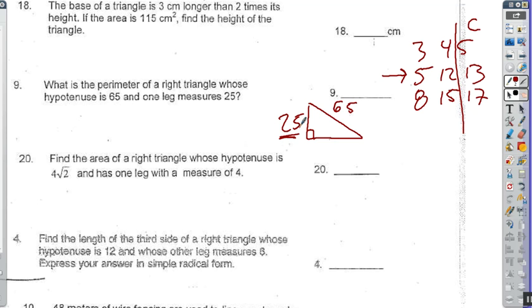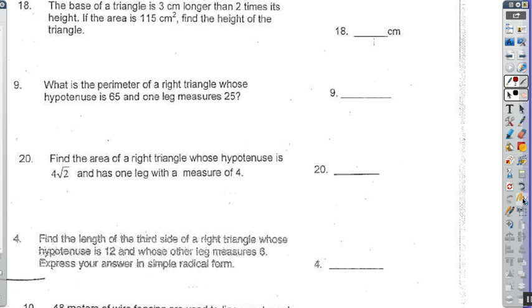And so 5 times 5 is 25. So then 65 divided by 5 is going to be 13. Therefore, this is 12 times my scale factor of 5. So therefore, my side length is 60.